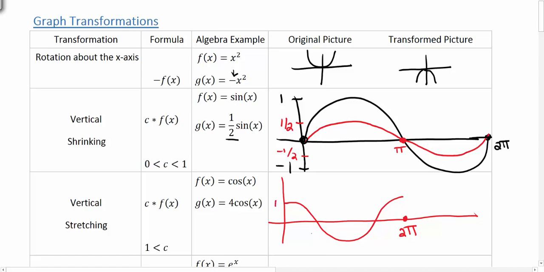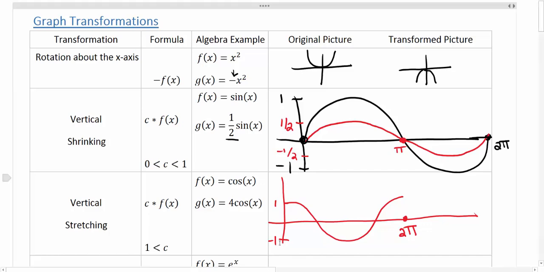It's got a maximum value of 1 and a minimum value of -1. If we were to multiply this function by 4, what that's going to do is it's going to stretch all the y values so it goes up 4 times as high and down 4 times as low. And that will look like this.